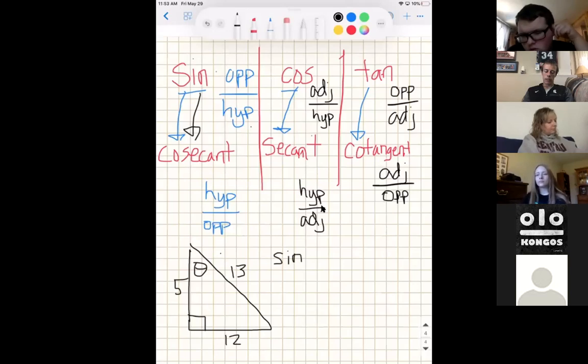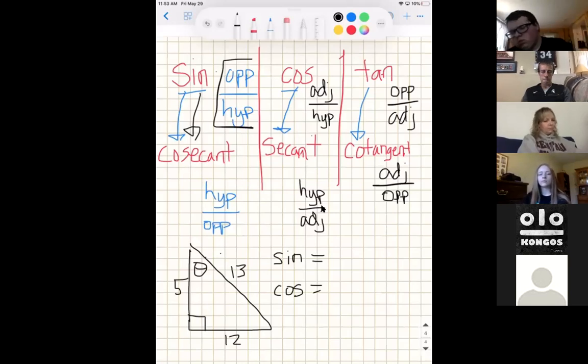So first off, what's sine going to be? If this is our angle, sine says opposite over hypotenuse. What would you guys say? 12/13. Yeah, good.